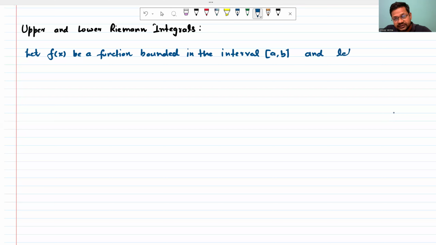So let this small m and capital M be the lower and upper bounds.